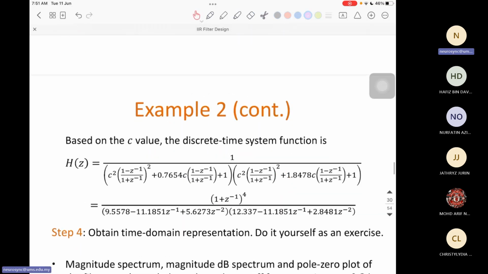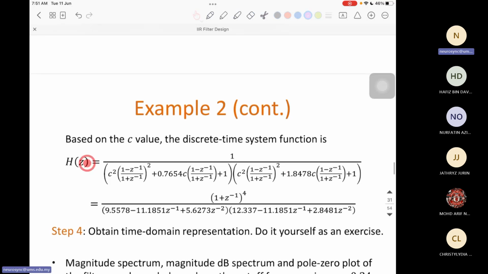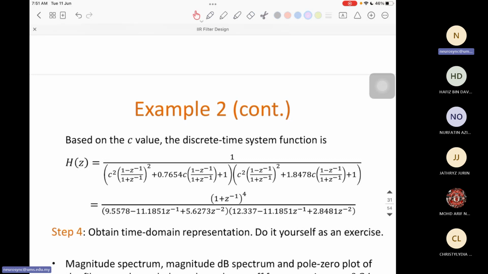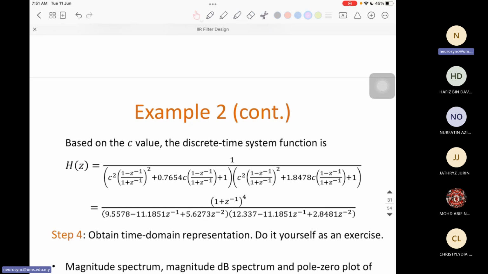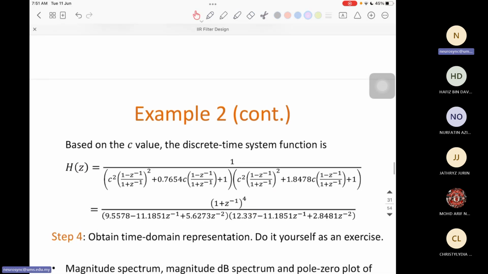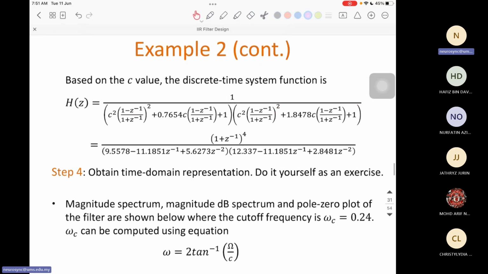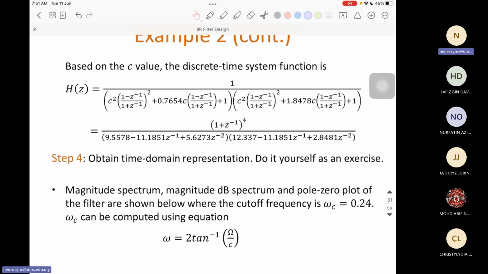Now to get h of z from h of s, we will substitute instead of s, c into 1 minus z inverse by 1 plus z inverse. So after solving this term, we will get this h of z is equal to this. If you solve this whole equation in the denominator, you will get h of z equal to this. This is our third step.